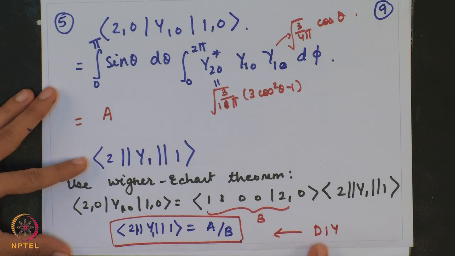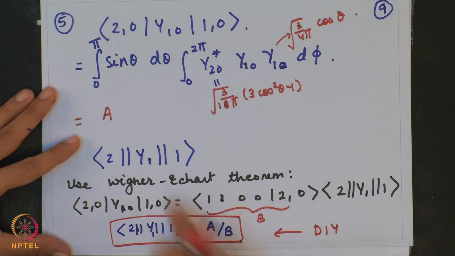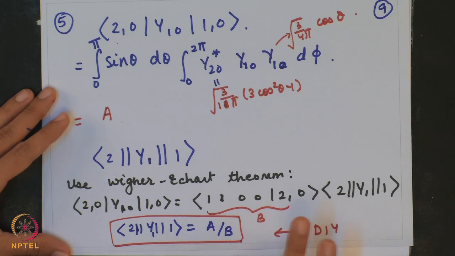Okay. So, do it yourself and check whether you get this ratio. This will be a number, B part will also be a number, some square root of something. Here also you will have some number, and just take the ratio of these two and you are done. It is not at all difficult.